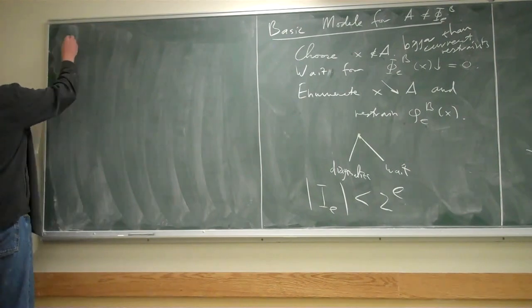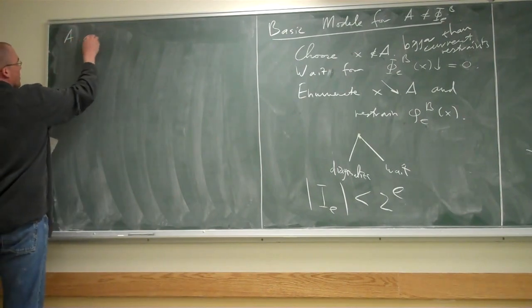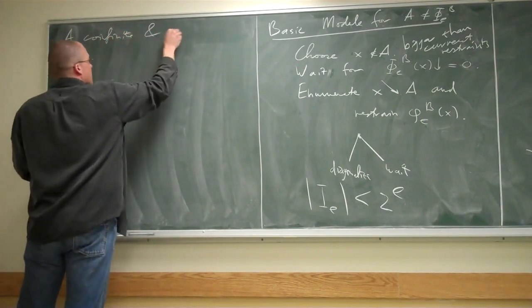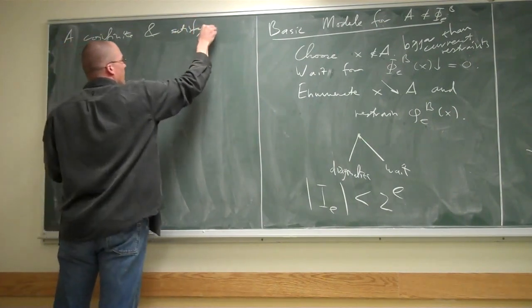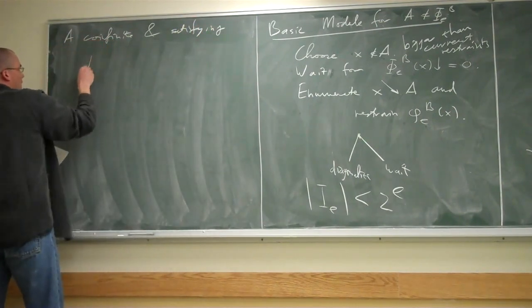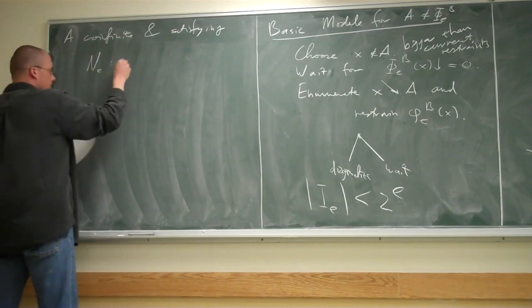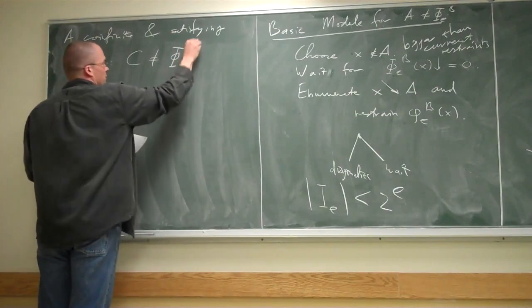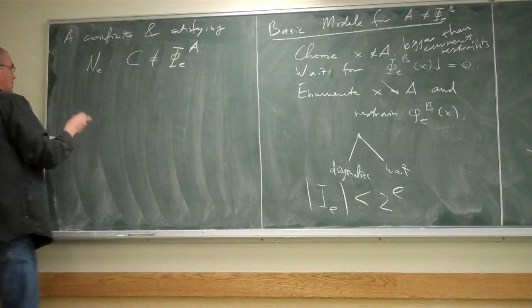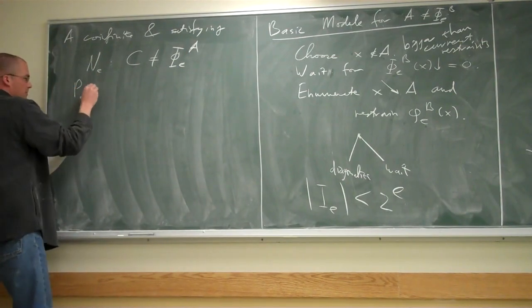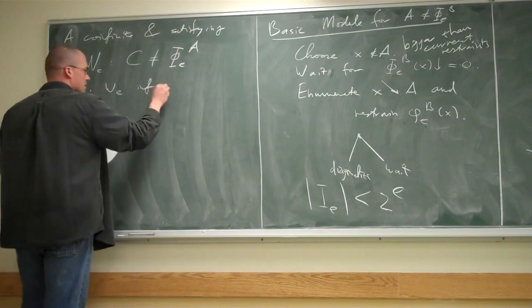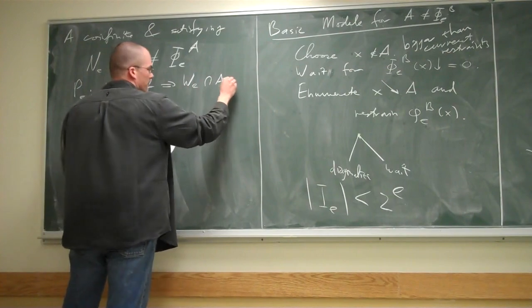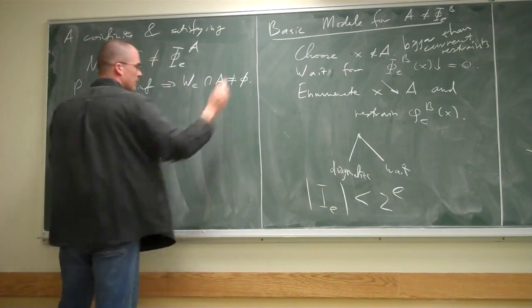Well, we want A co-infinite and satisfying NE: C is not equal to φ_E of A, and PE: if W_E is infinite, then W_E intersection A is not empty.